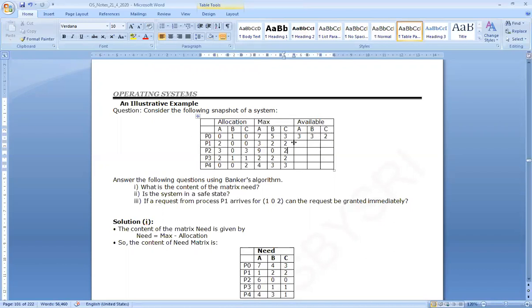And what is available right now is shown by this available matrix.